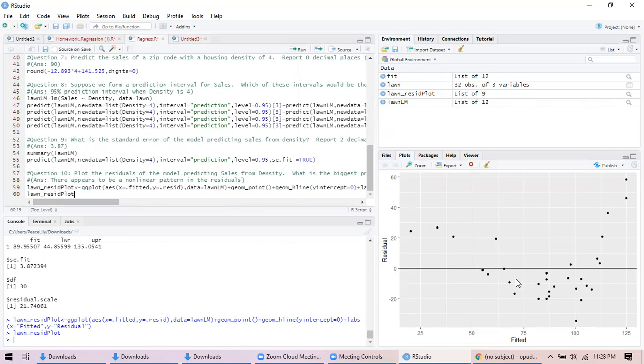No, it's not. But we're not talking about whether it's constant, but about the non-linear pattern in the residuals. It could be A or C, but which one is it? Non-linear pattern. It looks like it's curved.